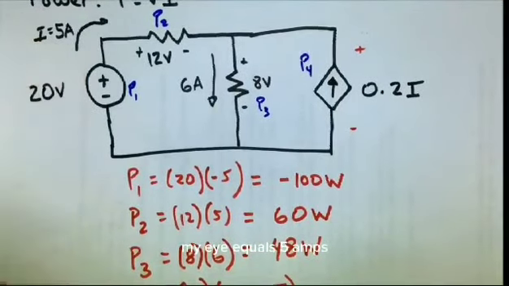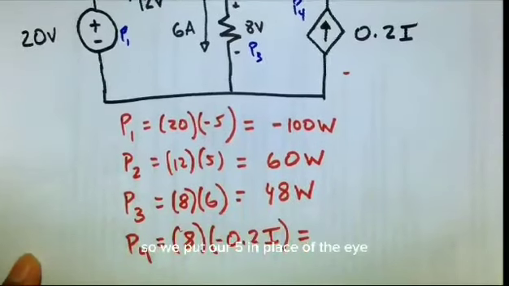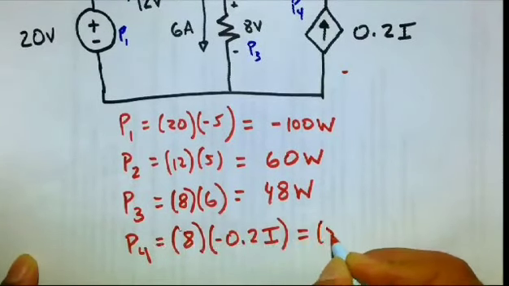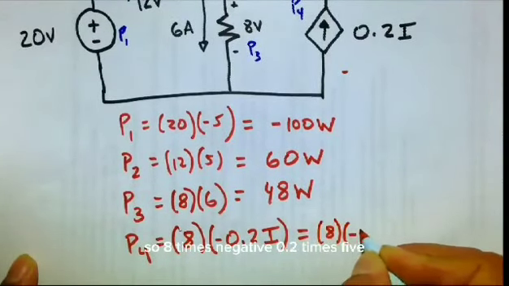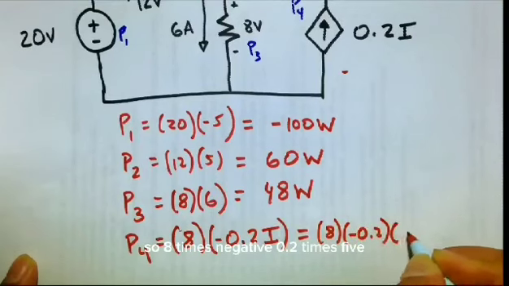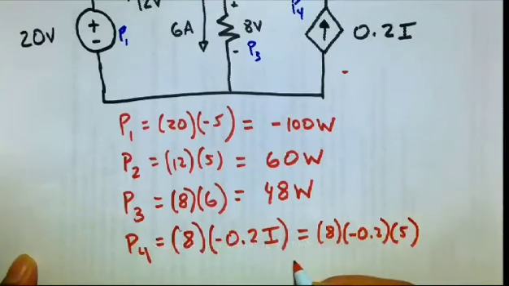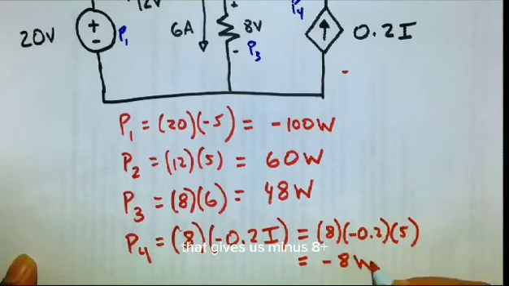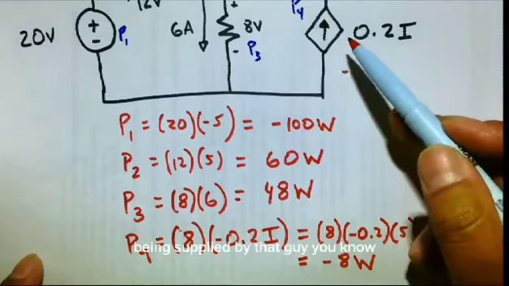I equals 5 amps. So we put our 5 in place of the I. So 8 times negative 0.2 times 5 gives us minus 8 watts. So that's the amount of power being supplied by that guy.